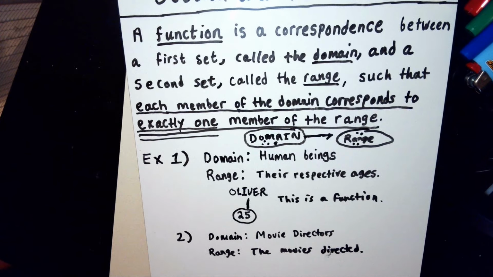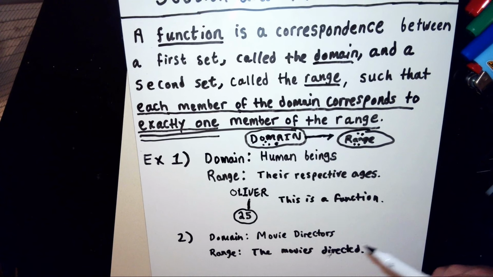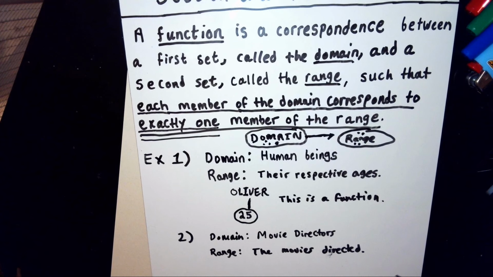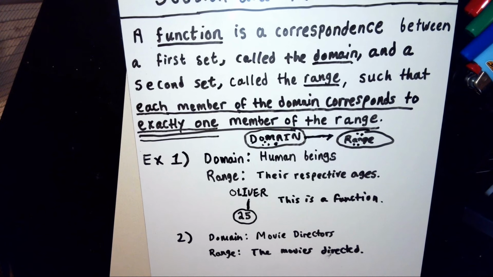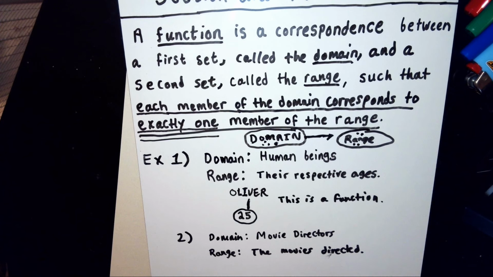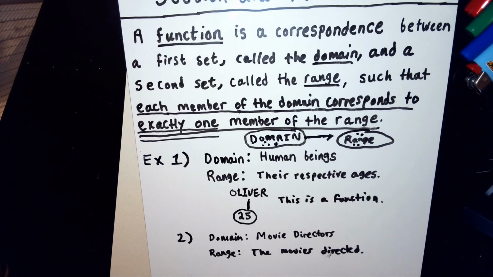So any movie that's directed and the movie directors. Is this a function? The domain's movie directors, the range is those movies that they directed. Is this a function? Well, you have to ask if for each director there is exactly one movie that they directed. But there are directors out there that have directed plenty of movies. Most directors direct more than one movie. I'm sure the vast majority of them do. So this is not a function.